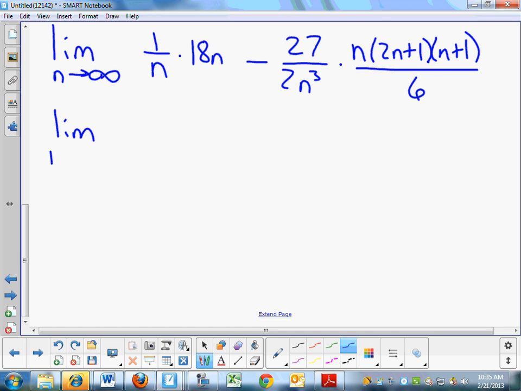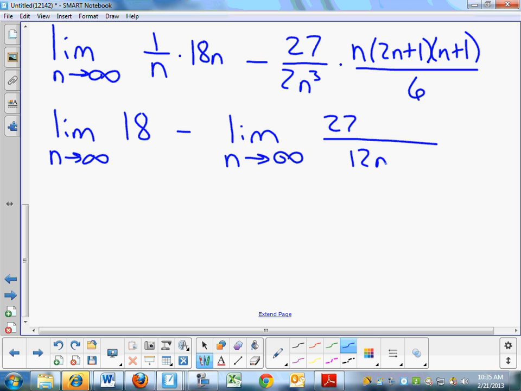Limit as n goes to infinity of just 18, minus the limit as n goes to infinity of 27 over, we're going to have 12n cubed on the bottom. So I should FOIL this whole piece out.